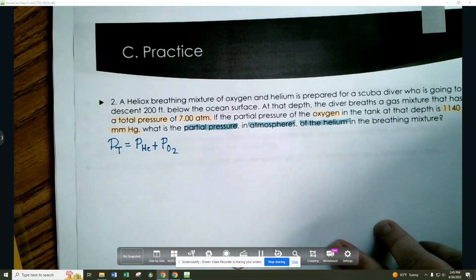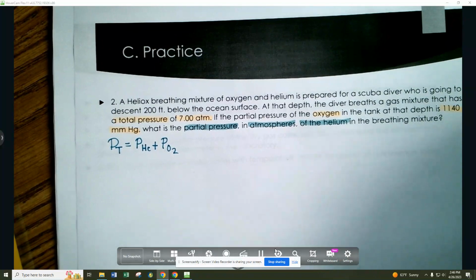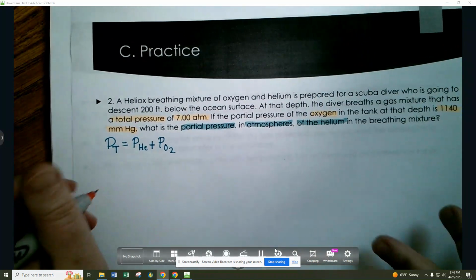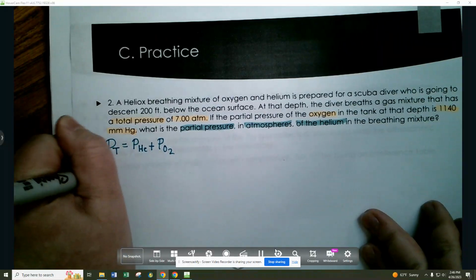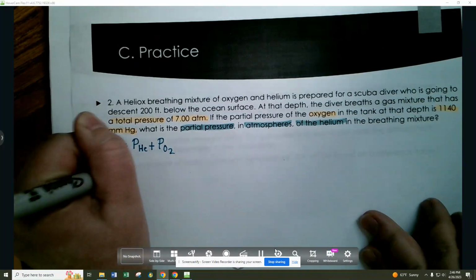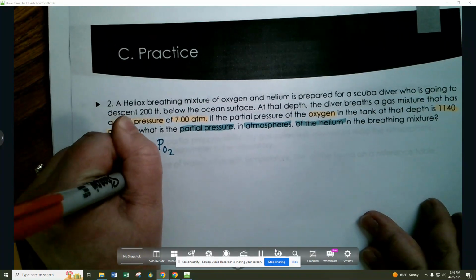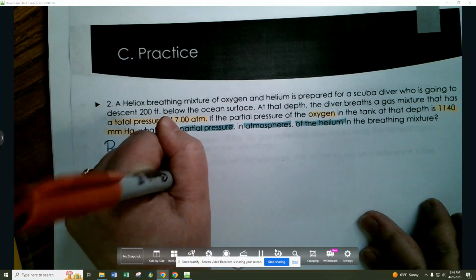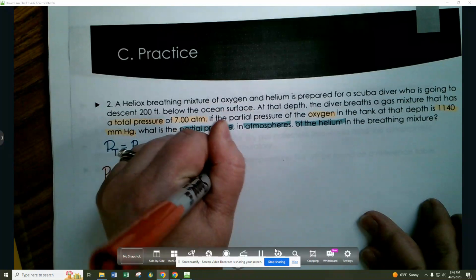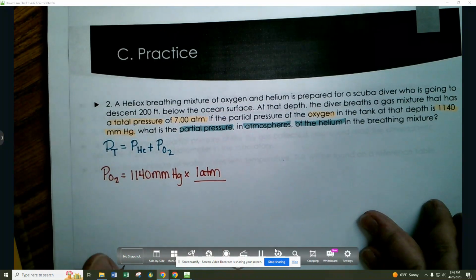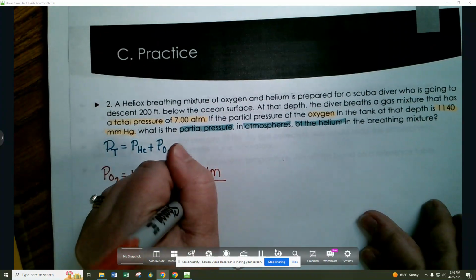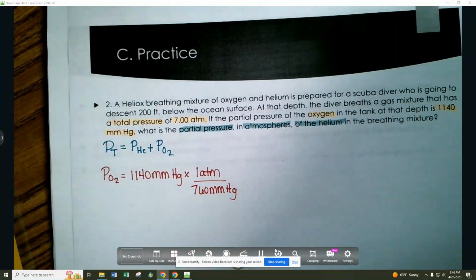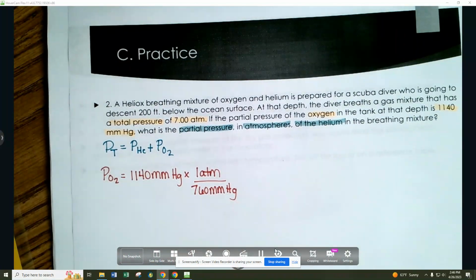So the most logical thing to begin with is getting it into the unit that we want, which requires the pressure of the O2 to be converted from 1,140 millimeters of mercury to atm. Again, the middle of your sheet has the conversion factors. 1 atmosphere is 760 millimeters of mercury. And let me snag a calculator real quick.